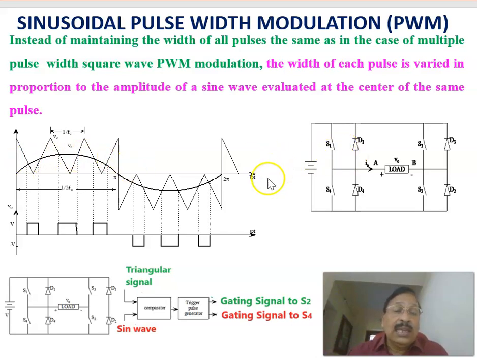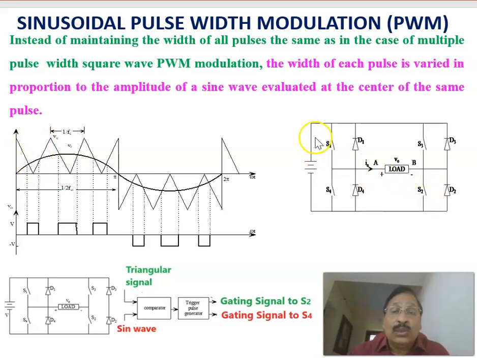When the modulating signal, also called the control signal or reference signal, has a magnitude more than the carrier magnitude, then S2 is closed. Here, during this period, the sinusoidal modulating signal magnitude is more than this triangular carrier signal. During that period, S2 is closed.